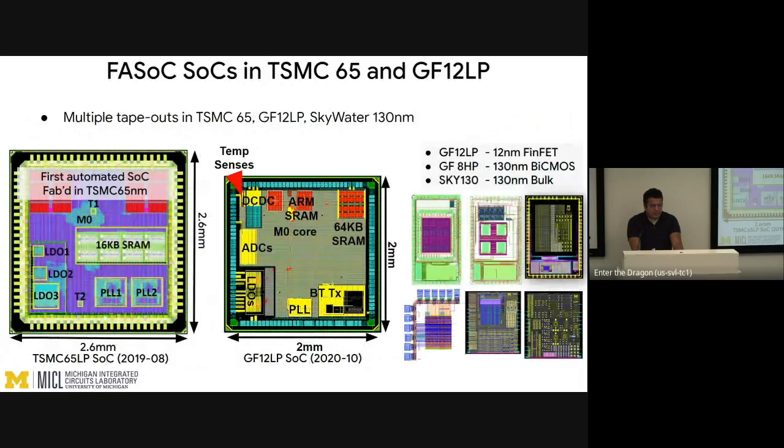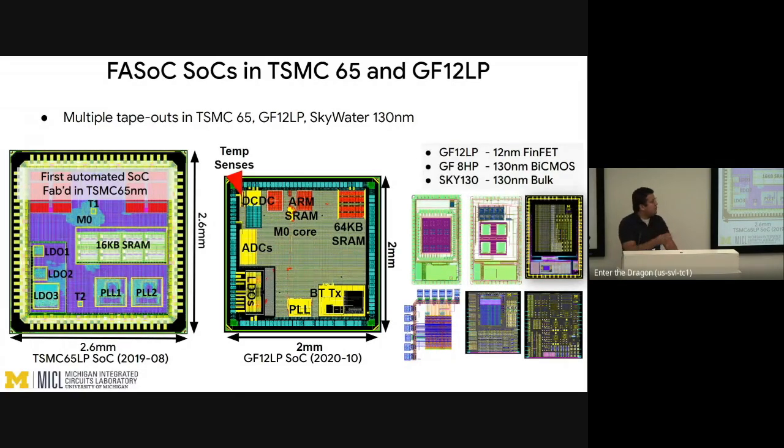So these are a couple of tape outs we have done over the course of the program. These are mainly using closed tools, but also open source tools. So we started with the TSMC65 LP design. We taped it out and demonstrated it at Salt Lake City, I think 3 years ago or 2 years ago. And then we did a couple of tape outs in GF12.